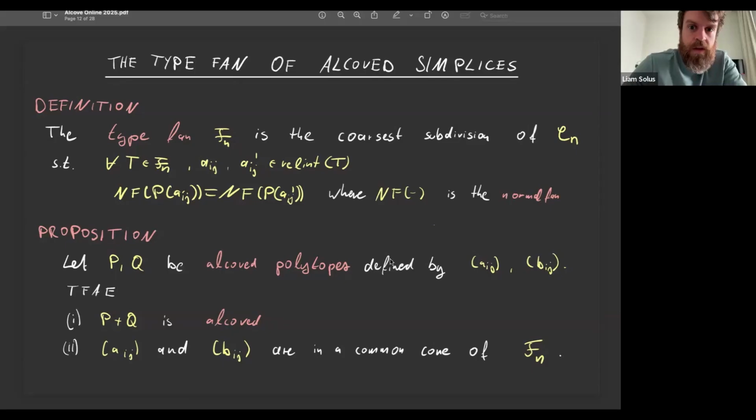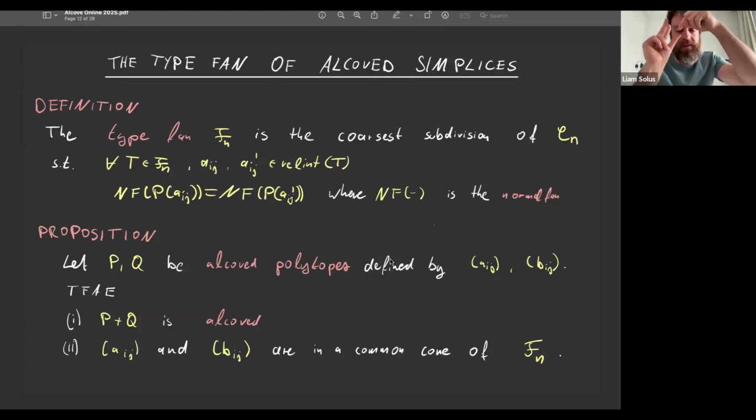If I have two vectors in the same cone, then I get the same normal fan. But do I have a unique normal fan for every facet in this subdivision? I guess I could have a cone over here where if I take two vectors in here, I have the same normal fan.